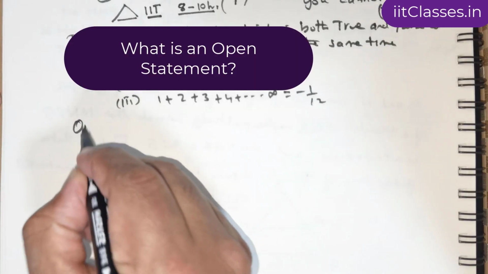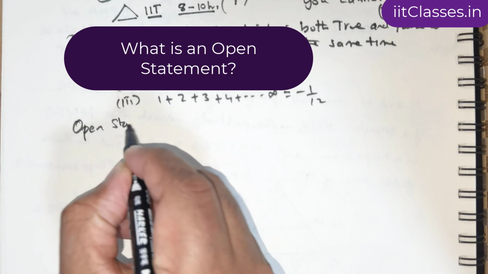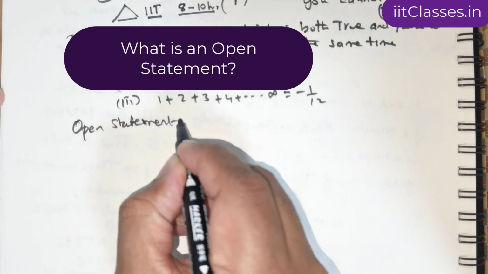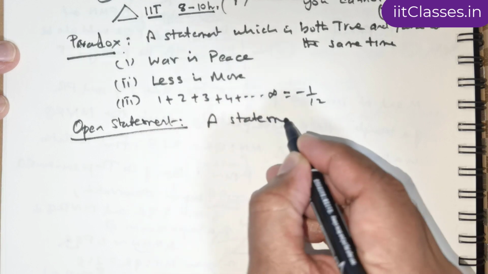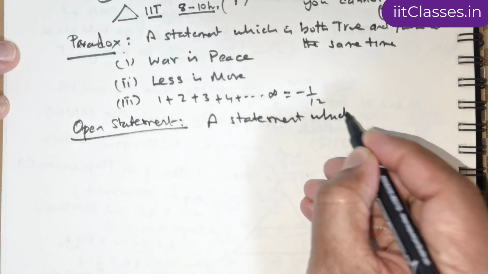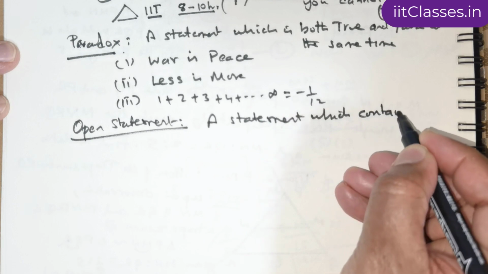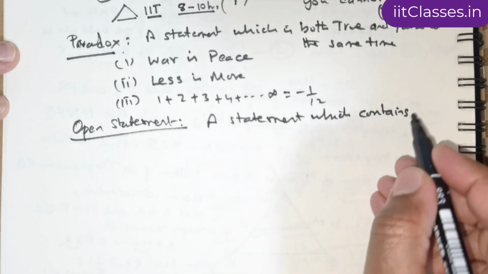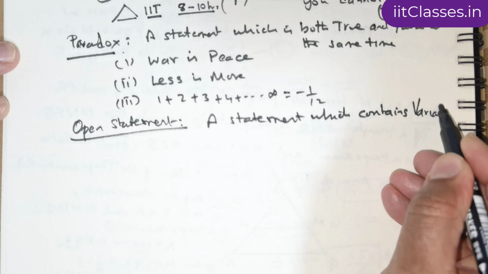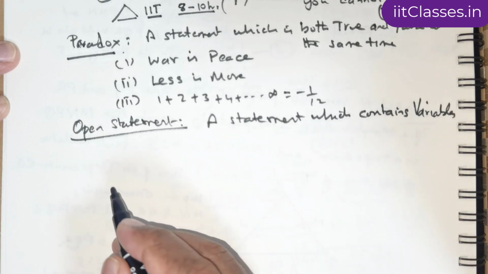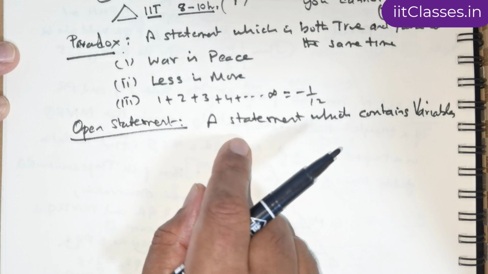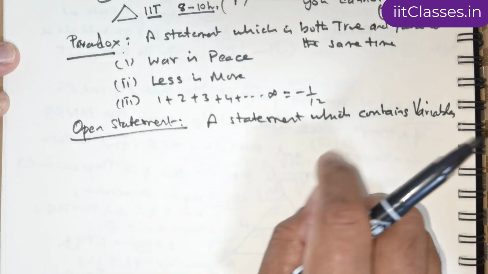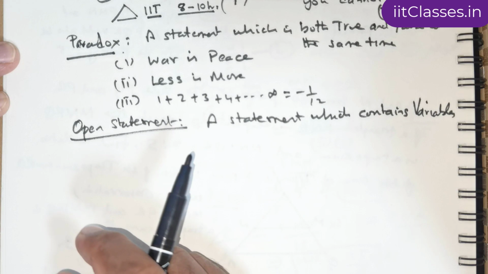Next, you got to know what is an open statement. A statement which contains variables. Now, the outcome of the statement, whether it being true or false, would largely depend on the value that the variables take.